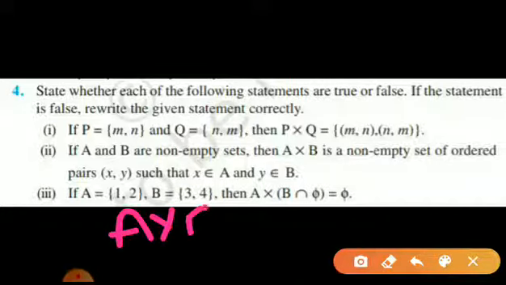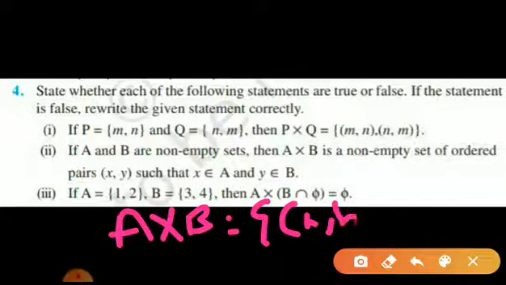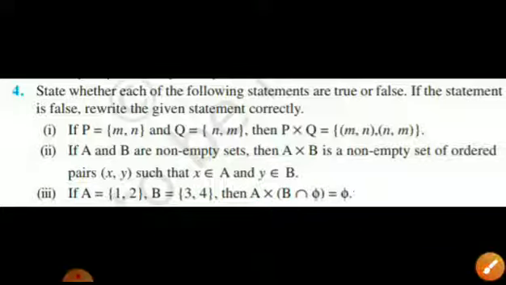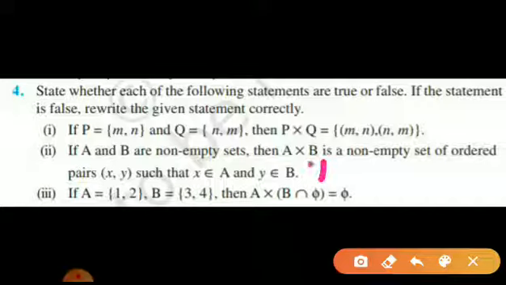A cross B contains ordered pairs (a, b) such that a belongs to A and b belongs to B. Instead of (a, b), they have given (x, y), where x belongs to A and y belongs to B. So this statement is true. Is that clear?